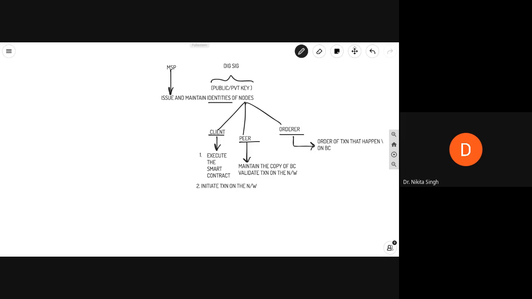So this is the role of the nodes within the Hyperledger Fabric network. The client executes the smart contract and also initiates the transaction, or in terms of Hyperledger Fabric, proposes the transaction.